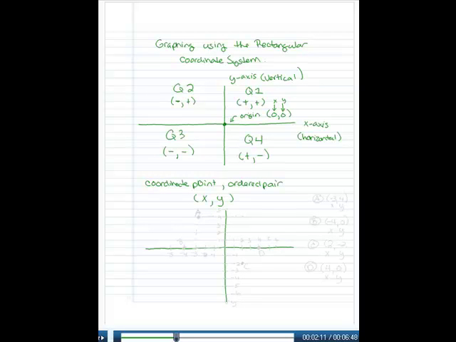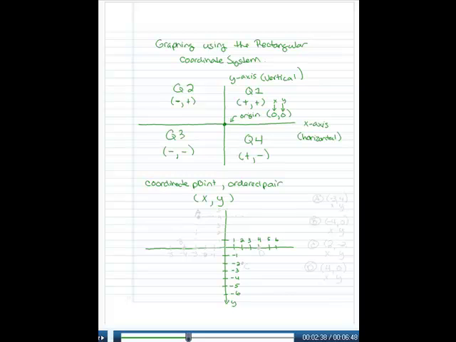Just going to label my graph here. -1, -2, -3, -4, -5, -6. Notice that below the x-axis on the y, these are all negative numbers. And notice on the x-axis to the right, these are all positive numbers. 4, 5, 6.